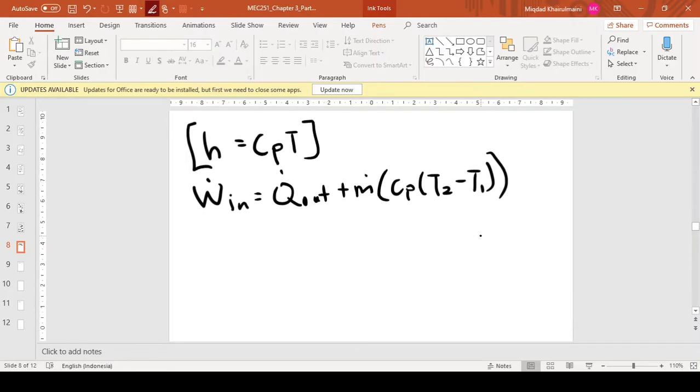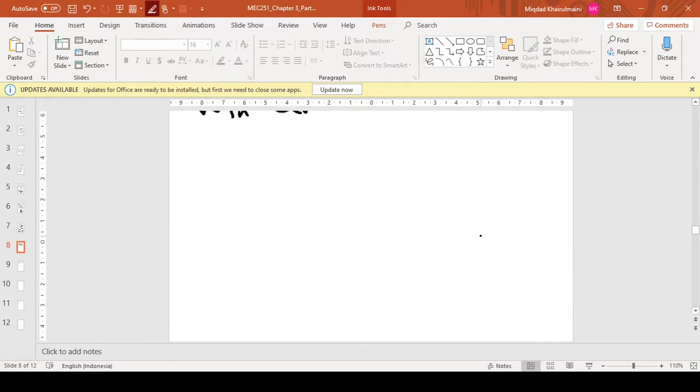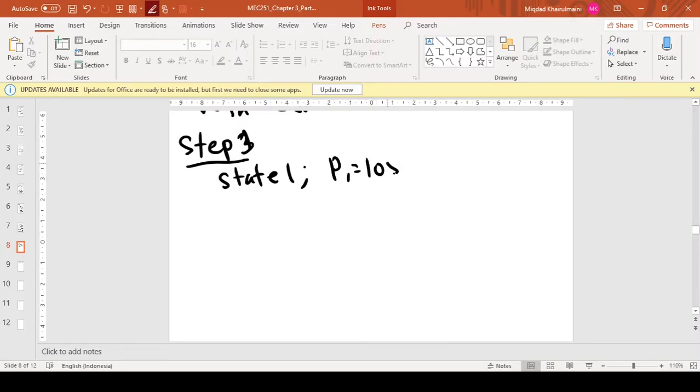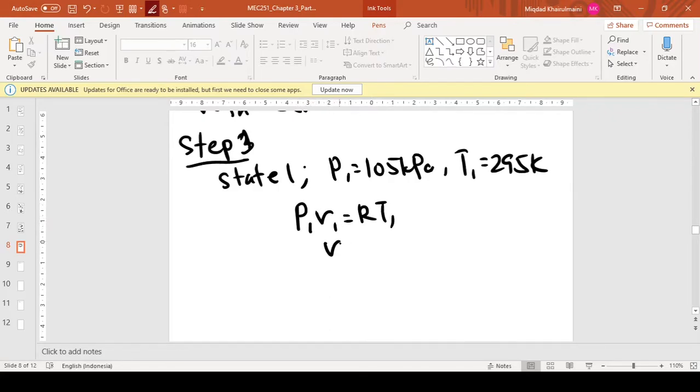Next is to find the properties, step 3. At state 1, we know the pressure is 105 kilopascal and the temperature is 295 Kelvin. We have to find the specific volume using the gas equation, so we can rearrange.